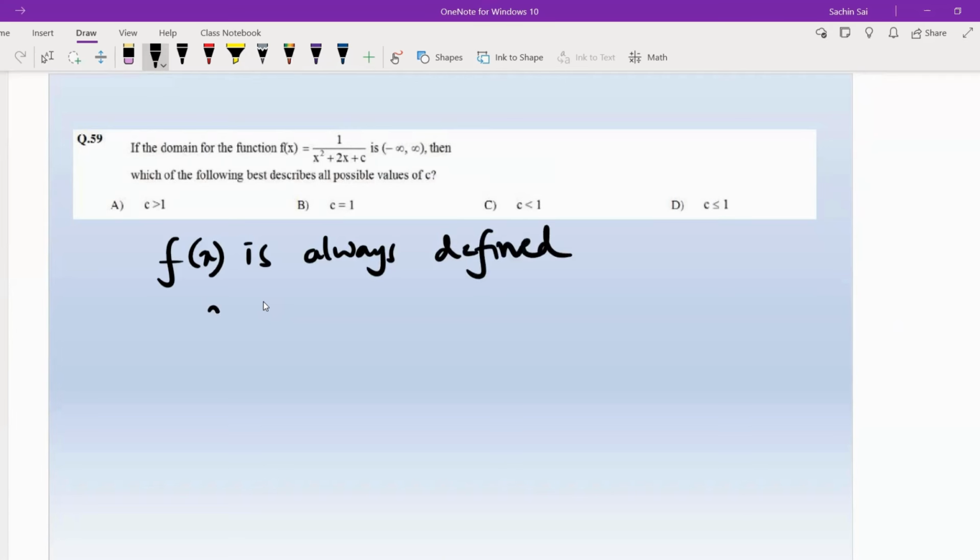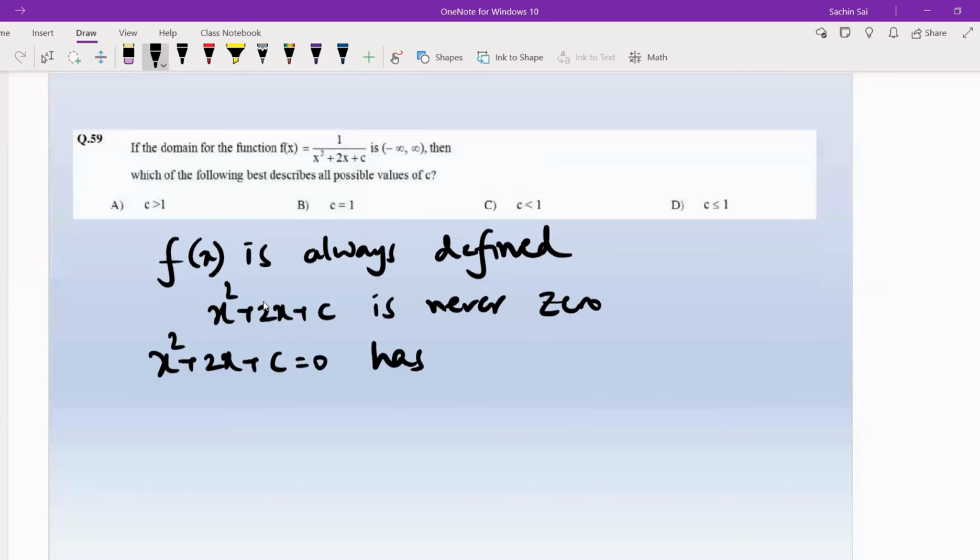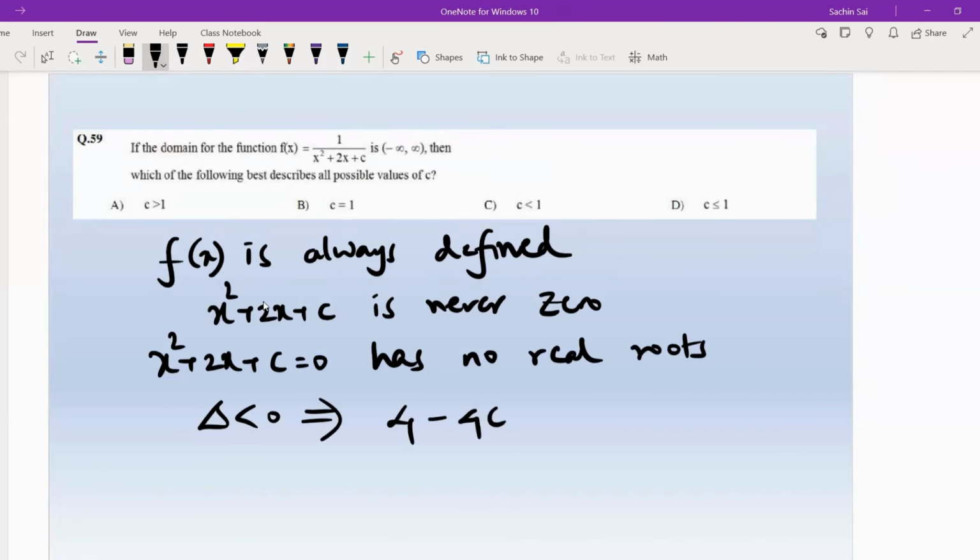For that to happen, x square plus 2x plus c is never equal to 0. That means the equation x square plus 2x plus c equal to 0 has no real roots. So what is the condition for that? Delta should be negative, which means 4 minus 4c less than 0, which means c is greater than 1.